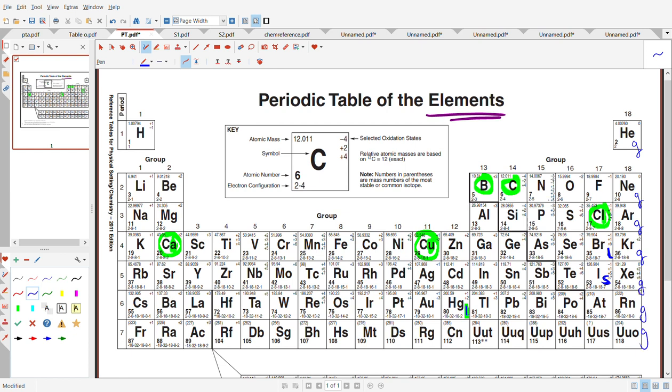And then there's 5 diatomic gases. These are the guys that exist as 2 together. There's one over here. It makes a 7 in the chart. But I say 5 gases because one's a liquid and one's a solid. If I want to put a little subscript 2 over here, you have to know which are diatomic, and you have to know the phases. But that will come up when you do the periodic table.